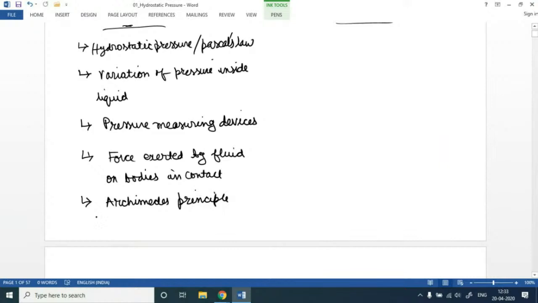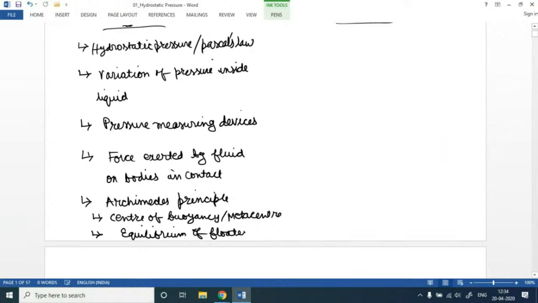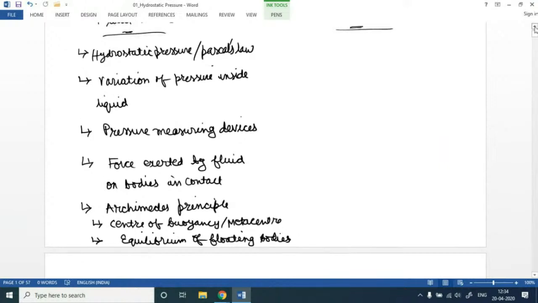Under the Archimedes principle we will be looking at several things, like center of buoyancy, and the concept of metacenter, and we will be looking at equilibrium of floating bodies. We will be looking at its translational as well as rotational equilibrium.